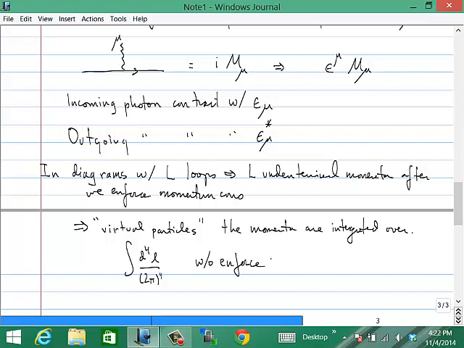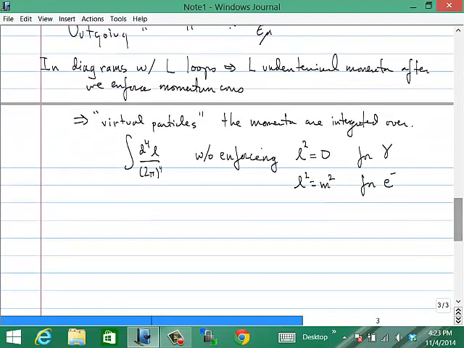So you don't enforce, say, L squared equals 0 for a photon, or L squared equals m squared for an electron. I'm using here the shorthand that gamma stands for photon. I guess you guys have probably seen that before. If not, you're seeing it now. Are there any questions before I continue?